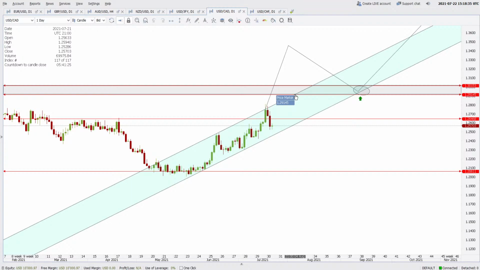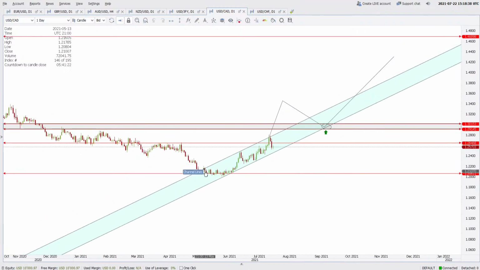Why I'm saying this is because this movement from here after so much consolidation is strong, and the price has started making higher highs and higher lows on the daily chart.